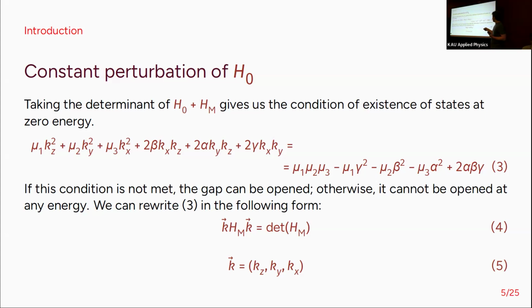And if we show that for any set of constants alpha, beta, gamma, and mu's, there is some real k that satisfies this equation, that will mean that for any mass term at zero energy, there is a solution.